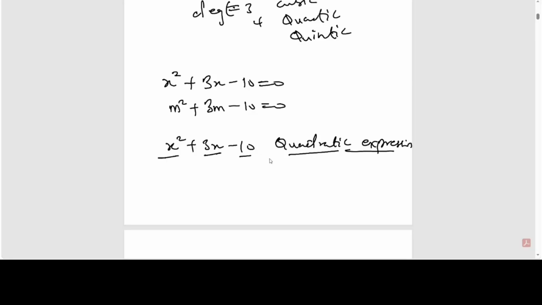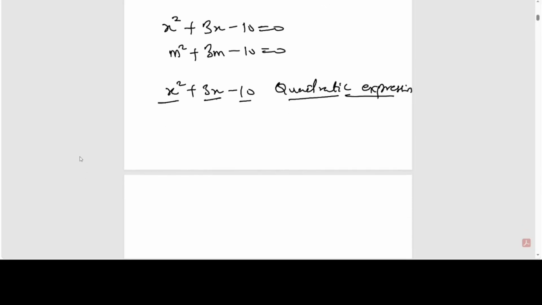If it's an expression, then you are probably asked to find the factors of that expression, or factorize it. But if it is an equation, then you may be asked to find the roots of the equation, or solve the equation. And a quadratic equation may come in different variables rather than just an x. So that is it for quadratic equations.